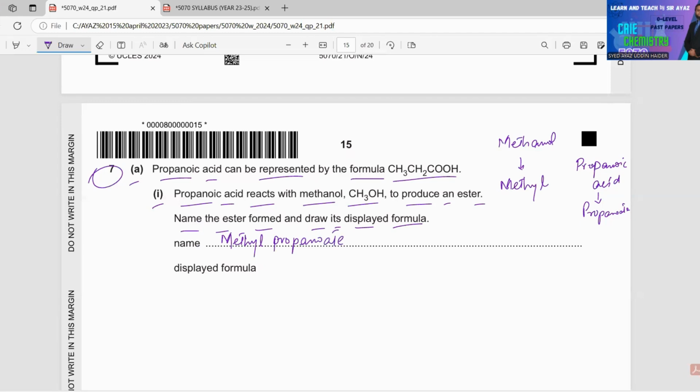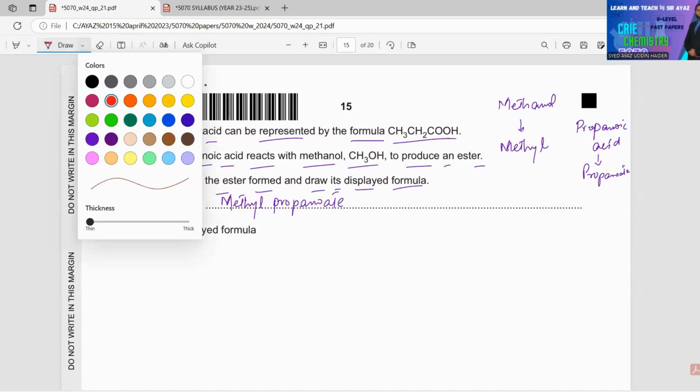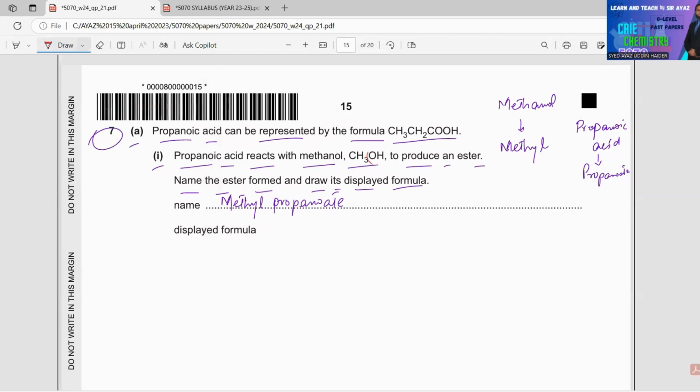For the displayed formula, remember, you need to remove OH from the alcohol and H from the carboxylic acid to release a water molecule.